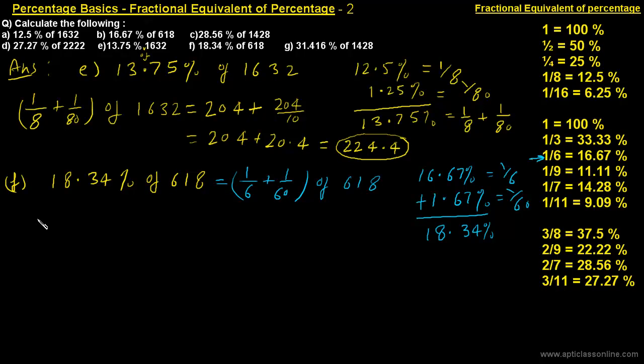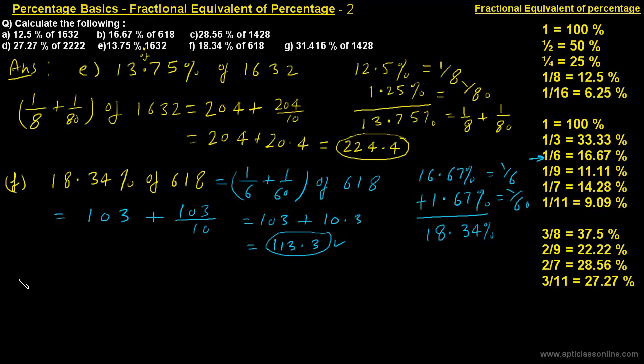Now this question has become very easy. 1 by 6 of 618 is 103, plus 1 by 60 of 618, that is 103 divided by 10, which is 10.3. So it is 103 plus 10.3, that is 113.3. This is the answer.